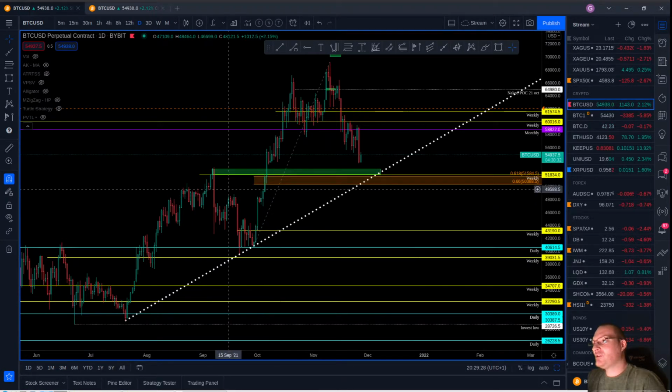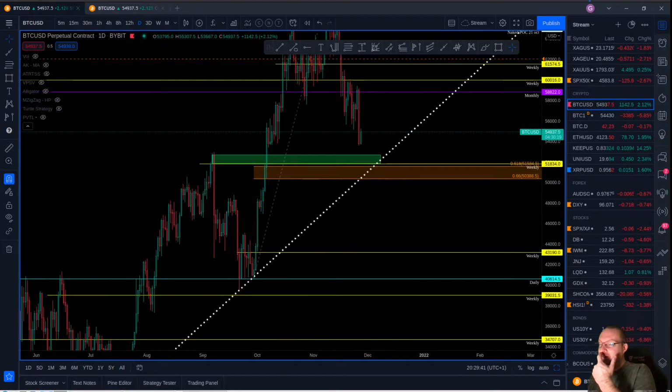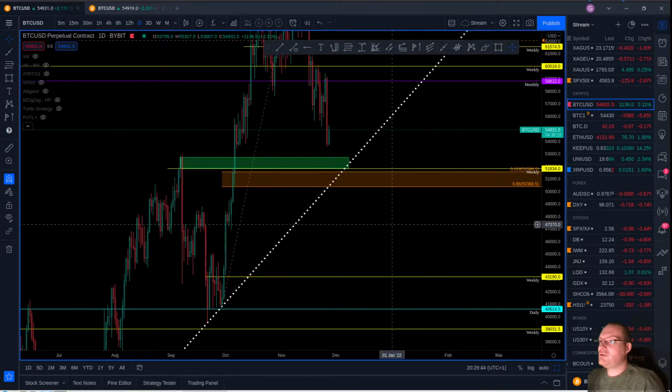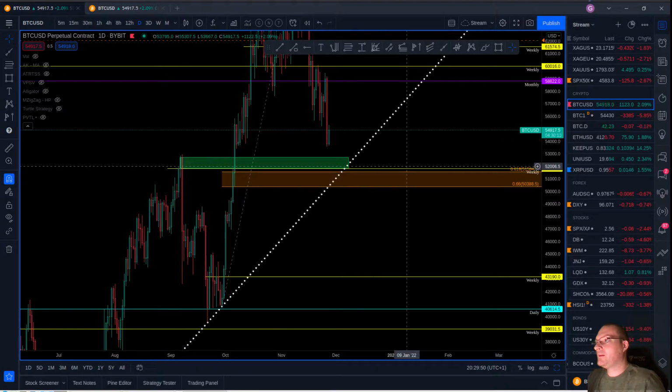So you take this order block, but then if you pull Fibonacci, then the 0.618 would come at 51,500. So let's zoom in. This lines up also with the weekly support over here.